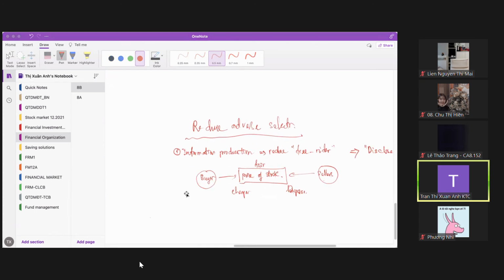The other one we call collateral. Collateral means the seller, the issuers or the borrowers, need to pledge their assets as collateral.